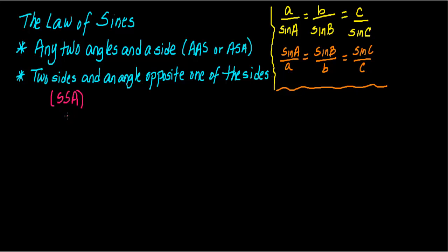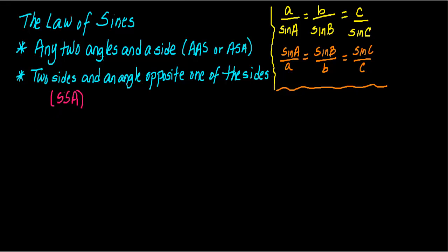I can also end up with a triangle that just fits, exactly one triangle will exist with the given measures, and I can also end up with a triangle with measurements that will fit two different triangles, okay? Ambiguous case.